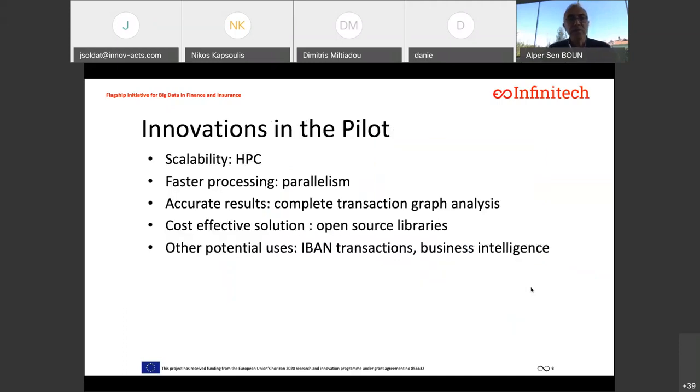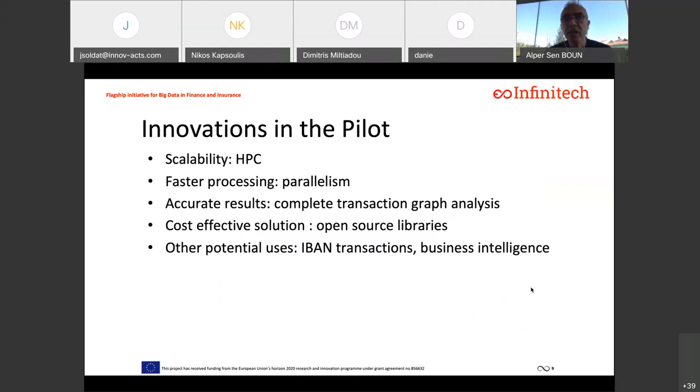Again, some of the innovations that we have come up with in the pilot: scalability, high performance computing, and faster processing thanks to parallelism. There are some commercial solutions out there, very few, but they have a limited way of handling transaction data. Ours is unique in the sense that we can efficiently and effectively handle the complete transaction graph.